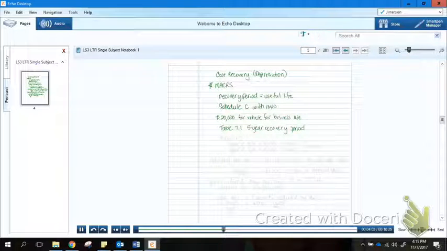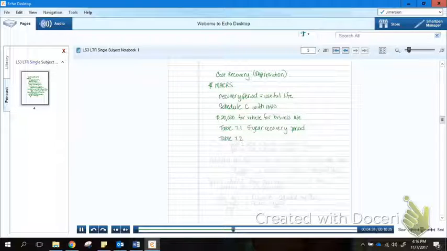Okay? So now if I want to see how much is my deduction for depreciation that I can take in year one, what I would need to do is go to Table 7.2. And Table 7.2 is going to give me what percentage of that asset's cost I need to take as a deduction in each year.